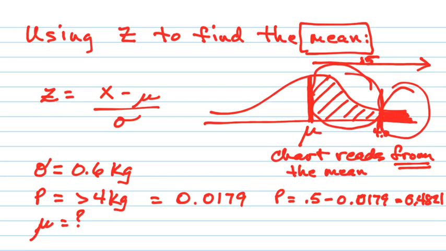Now, go to your chart and see if you can find 0.4821. It's in the very first column. Just go all the way down to 4821. Did you find it yet?